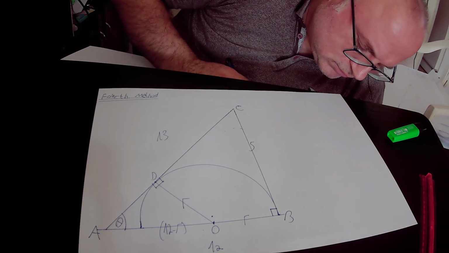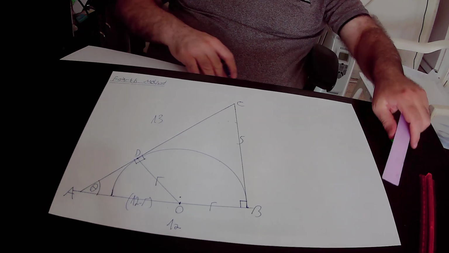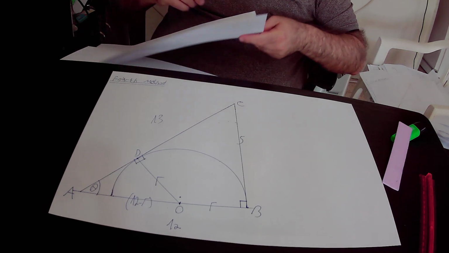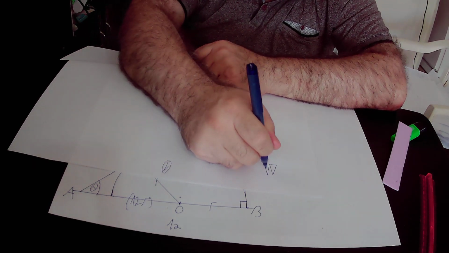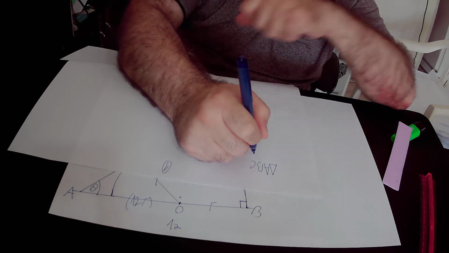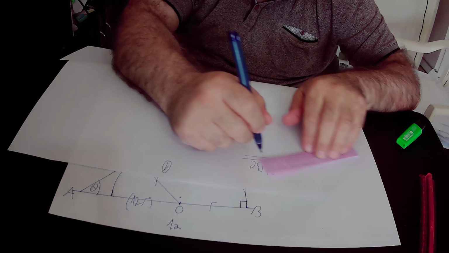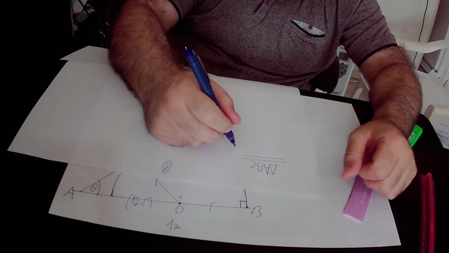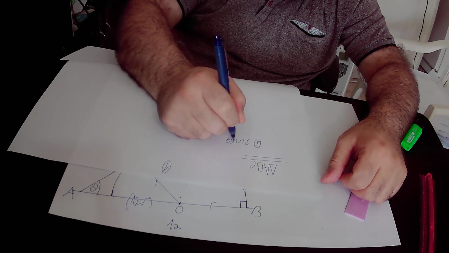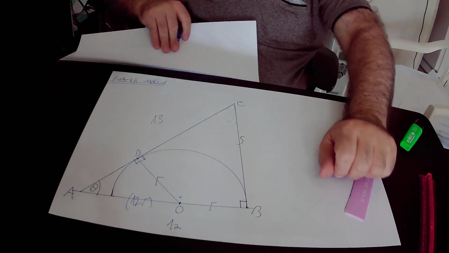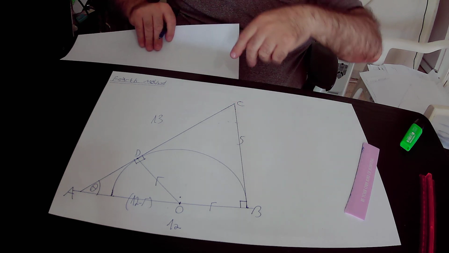If you focus on the right triangle ABC, we can see here that sin theta equals CB over CA.